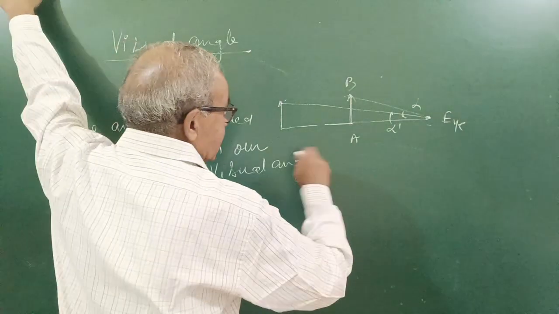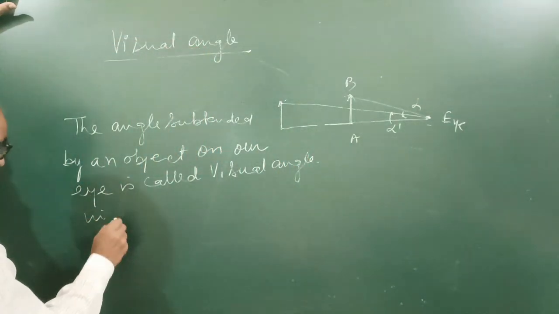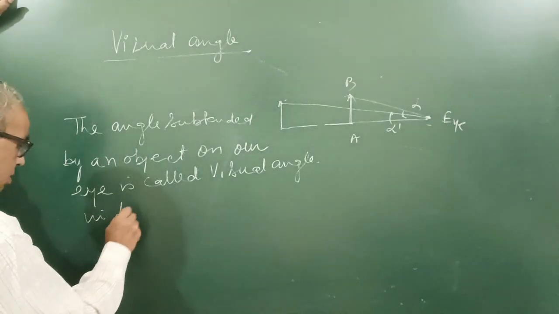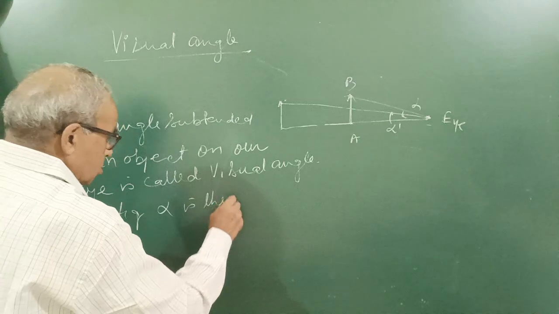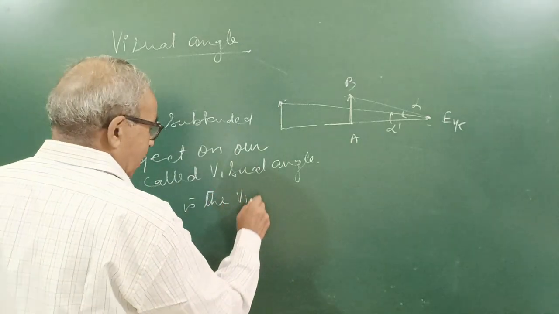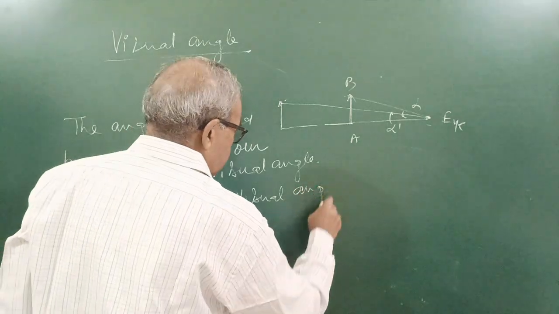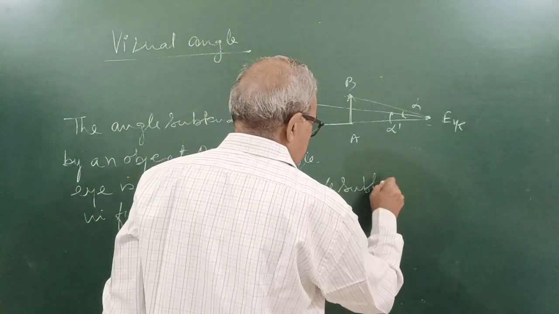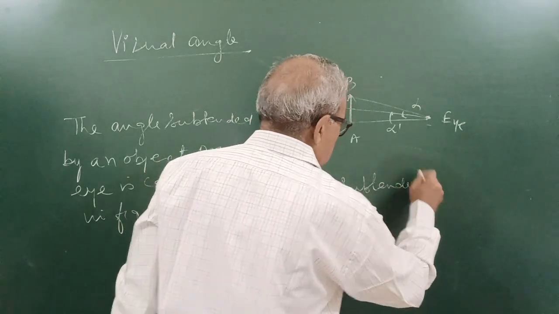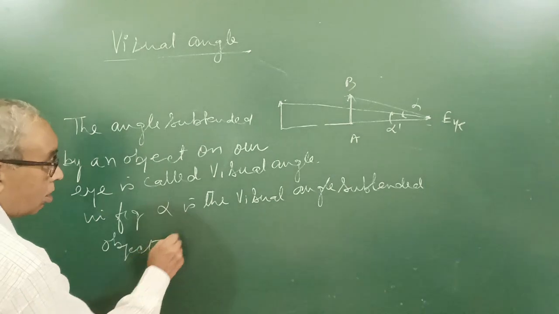In the figure, alpha is the visual angle subtended by the object AB on the eye.